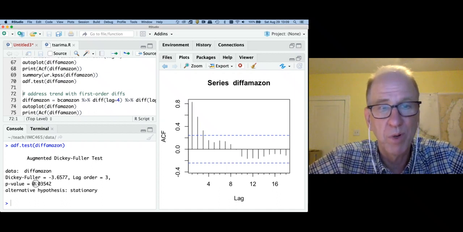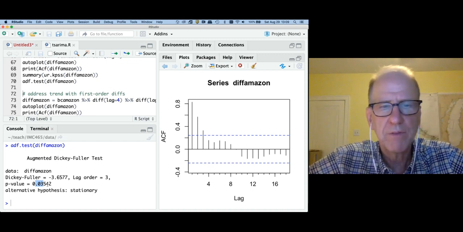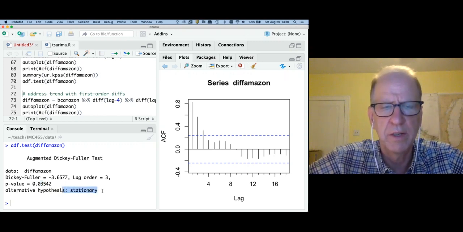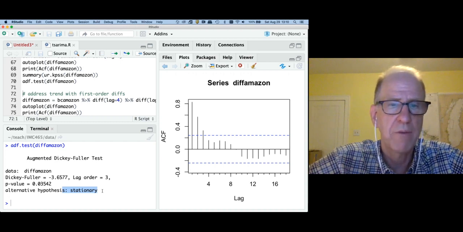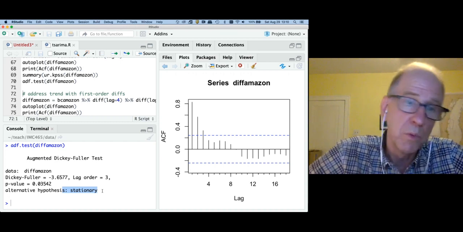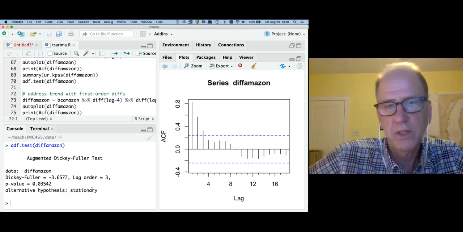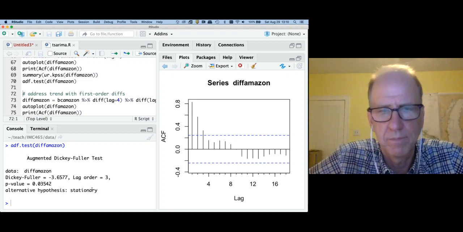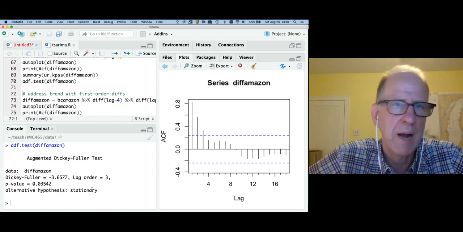It's a borderline significant result. We maybe have stationary data. At the 0.05 level, we would reject the null hypothesis and conclude stationarity. But at a higher confidence level, say 1%, we wouldn't be able to reject it, suggesting that it's not completely stationary.